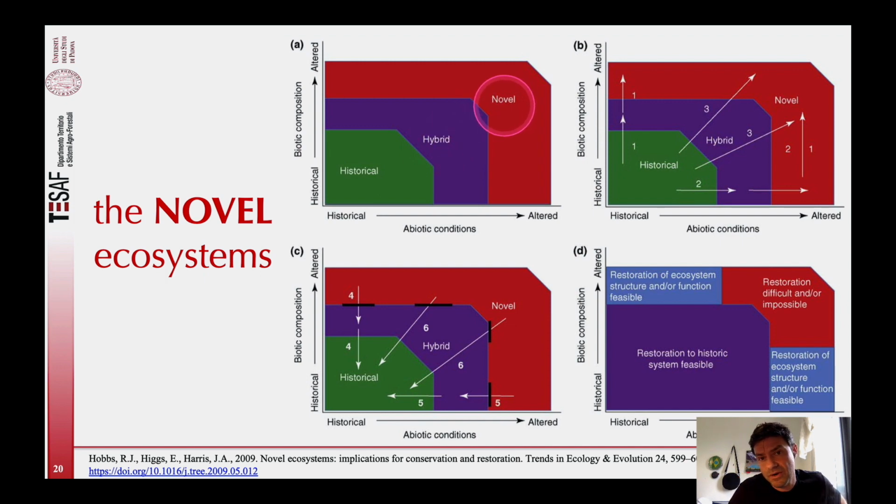And then we go to a novel ecosystem, which is something completely new in terms of species composition and structure. If you look at the forests in many places in Europe, for example, the original forest is probably different in composition, distribution, structure and biomass from the forest that we have nowadays. But in a period, we have a hybrid situation between the original and the novel.